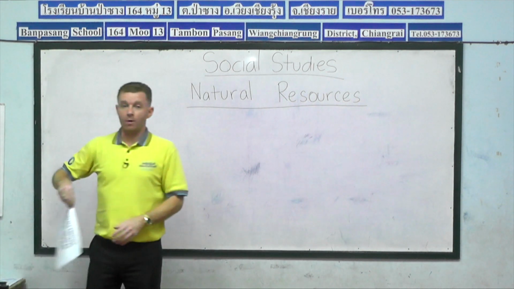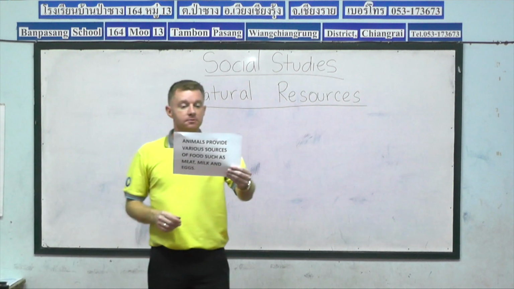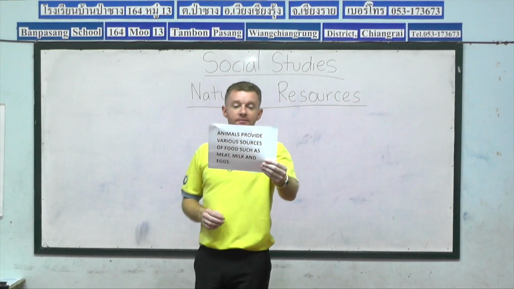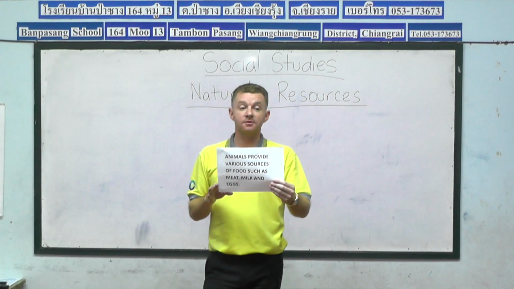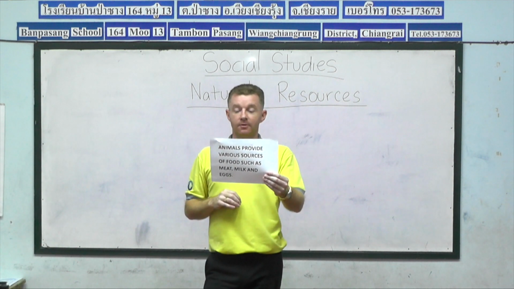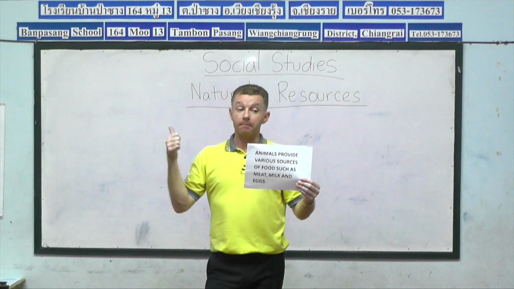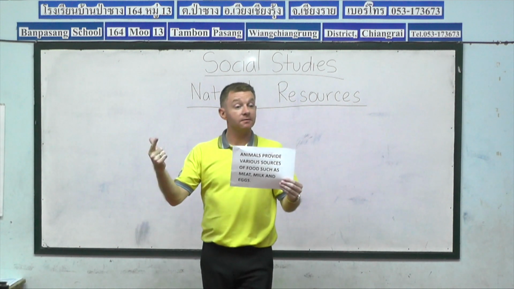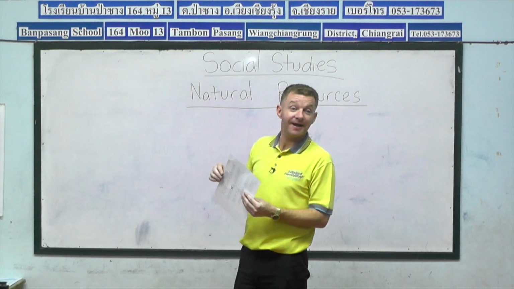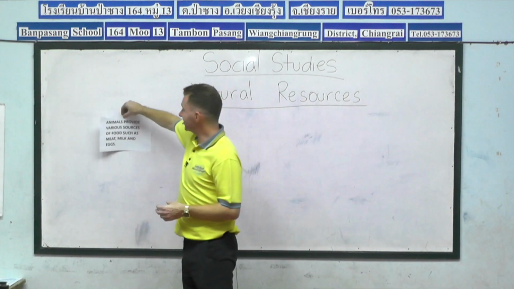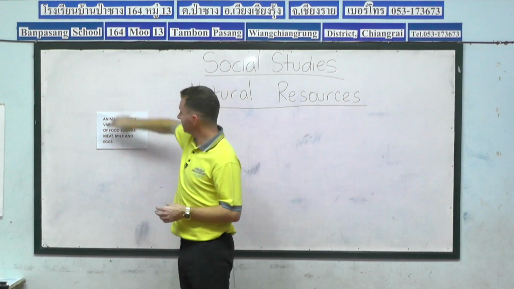So the first one, animals provide various sources of food, such as meat, milk, and eggs. All these types of foods come from animals. So that's our first type of natural resource.